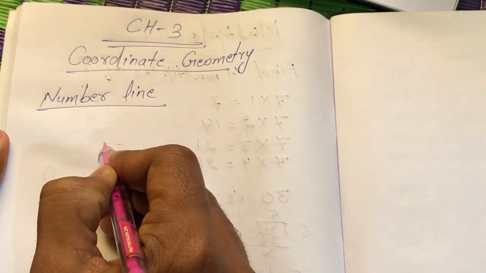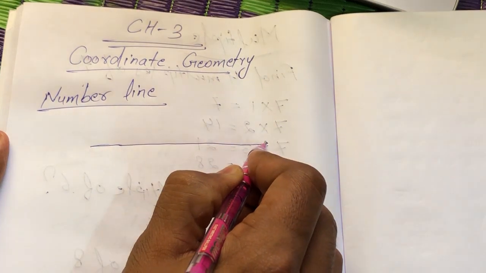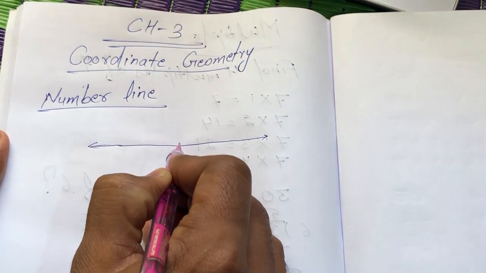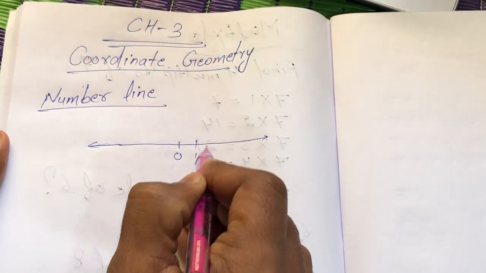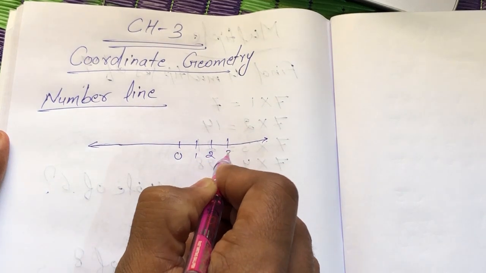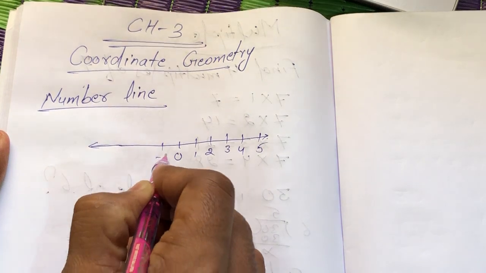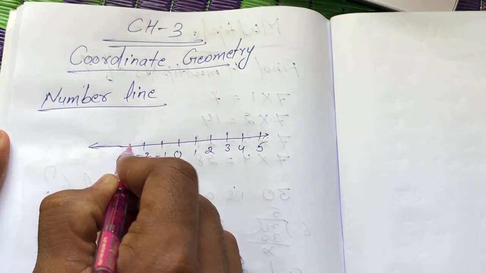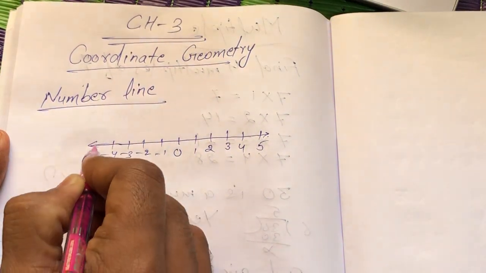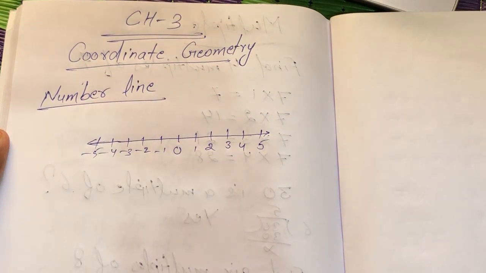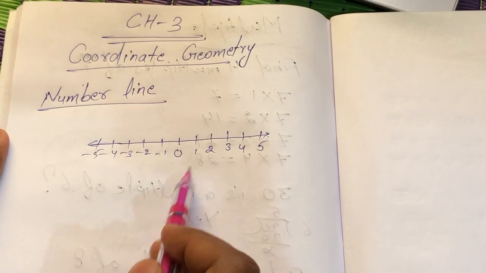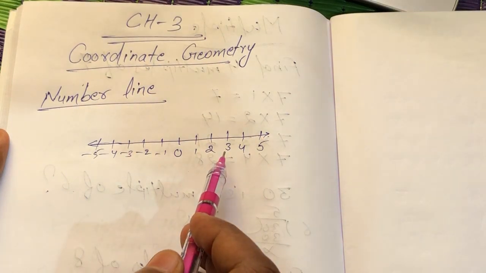If we start with a number line like this, I can write 0, 1, 2, 3, 4, 5, then -1, -2, -3, -4, -5. Like this we write integers on the number line and we can plot anywhere, isn't it?